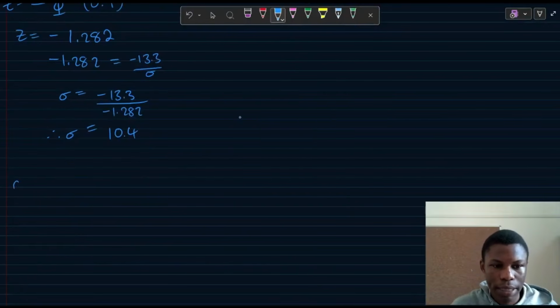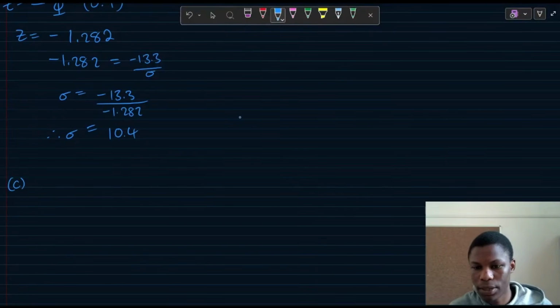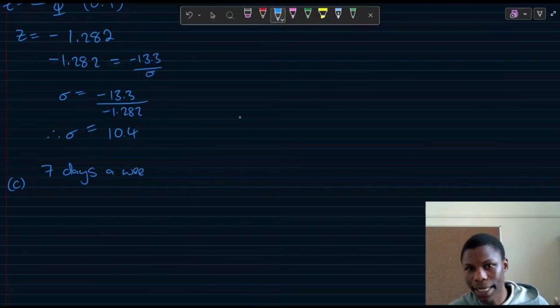Now we are told that the supermarket is open 7 days a week. This should hint to a binomial distribution because we've got 7 trials, so our number of trials has now been fixed. Part C says find the probability that in a randomly chosen week, the first day on which less than 59.1 kgs of cherries are sold is the 5th day of the week. Now 'first day' actually hints not to a binomial distribution, but to a geometric distribution.